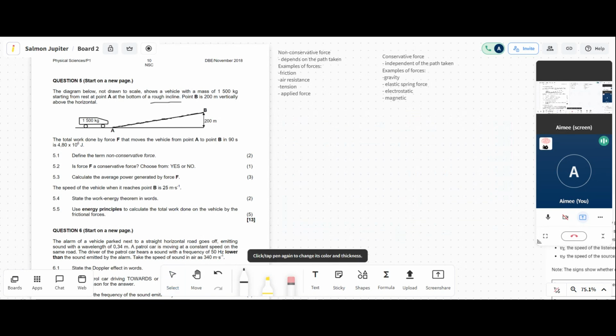Okay, so let's have a look. For this section, we are going to be calculating the total work done by frictional forces. So the formula we use here is the net work done is equal to change in kinetic energy. And the reason we consider frictional forces to be synonymous with net work done is because it's the frictional force that's actually slowing this 1,500 kilogram block down.